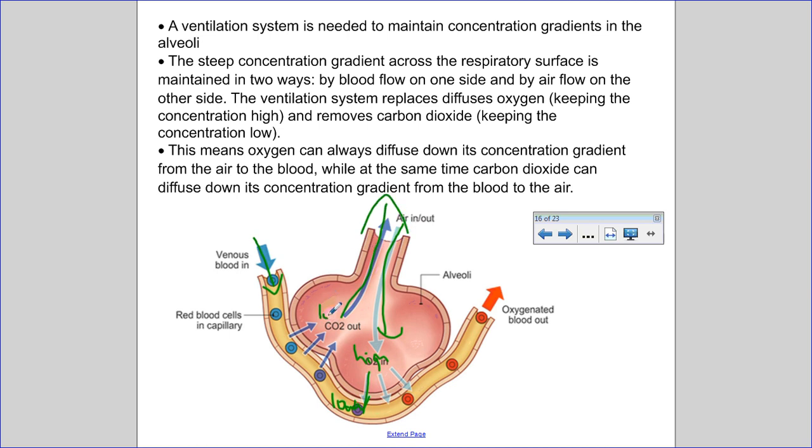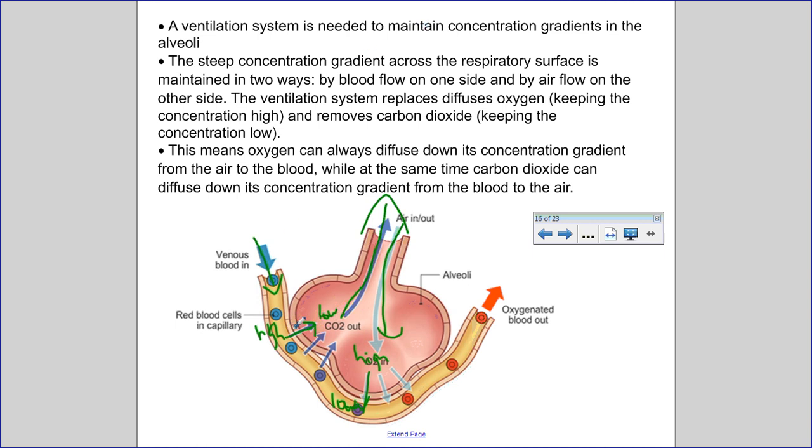So in this way, the CO2 concentration remains low in the lungs, while it is high in the red blood cells coming into the lungs. So this will allow CO2 to move from a high concentration to a low concentration, and then when you exhale, that allows the CO2 to be taken out of the body.